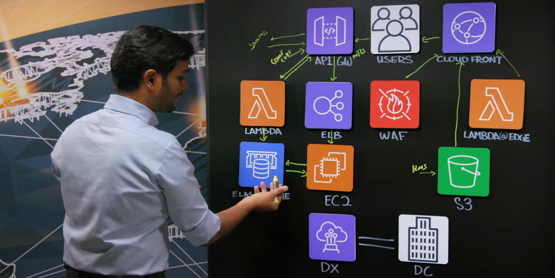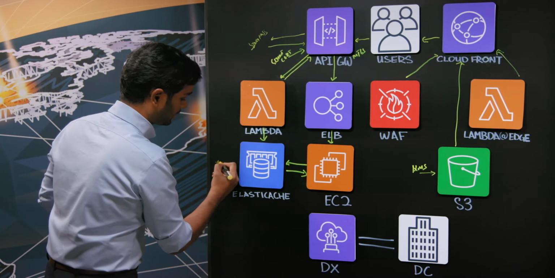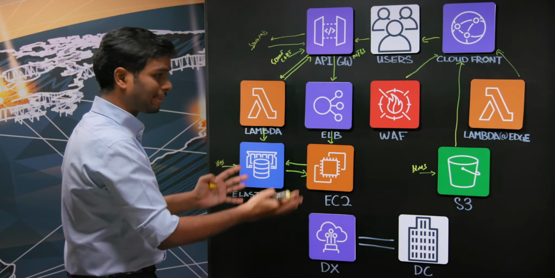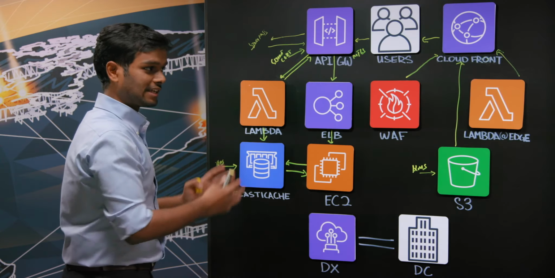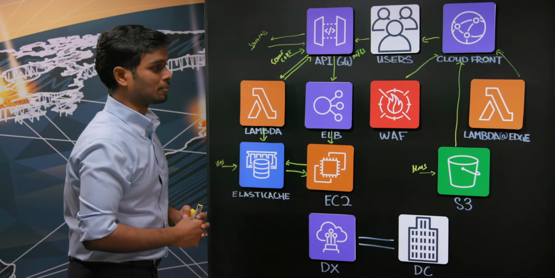And other than that, from the data at rest perspective, Elastic cache with KMS for our Elastic cache data considerations, and typically the data in transit with the SSL calls itself. So that's pretty much about the security considerations that went into the portal.